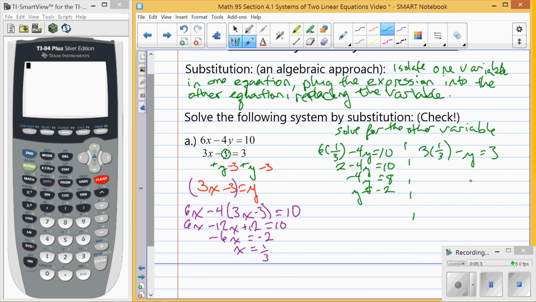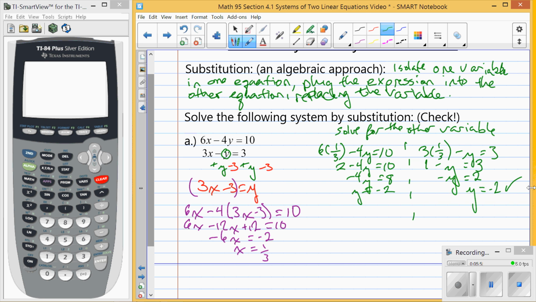So, if I've done this correctly, when I solve for y in my other equation, I should also get out a negative 2. 3 times 1/3 is 1, minus y equals 3. Subtract 1 from both sides, negative y equals 2. Divide by negative 1, y equals negative 2.